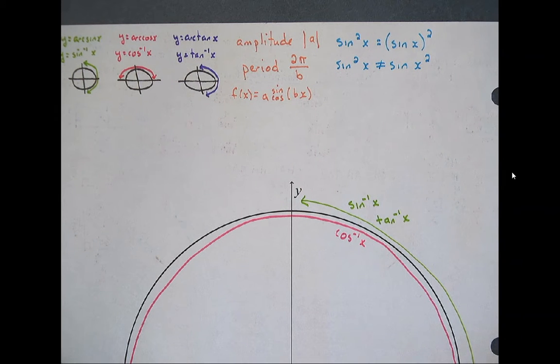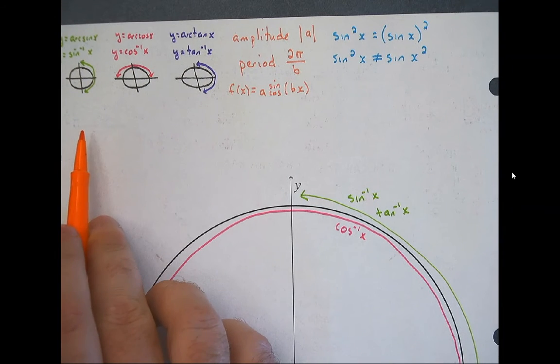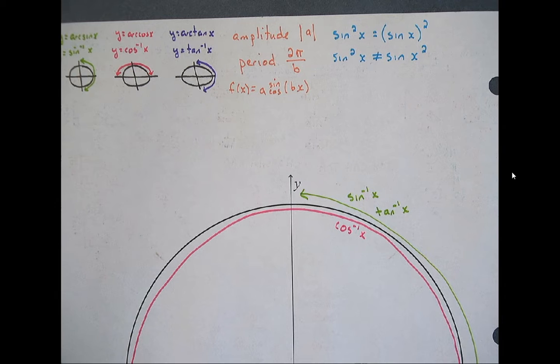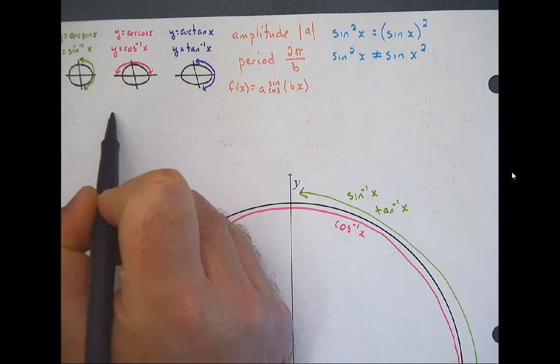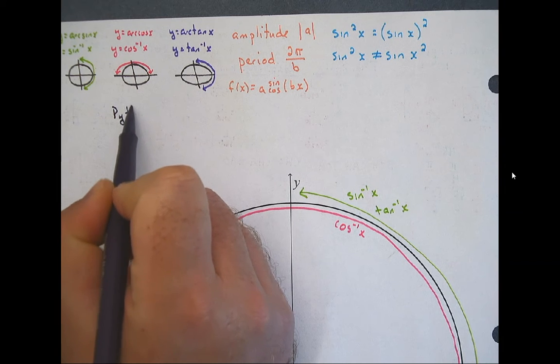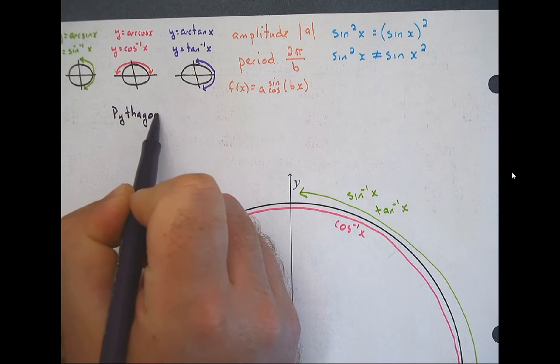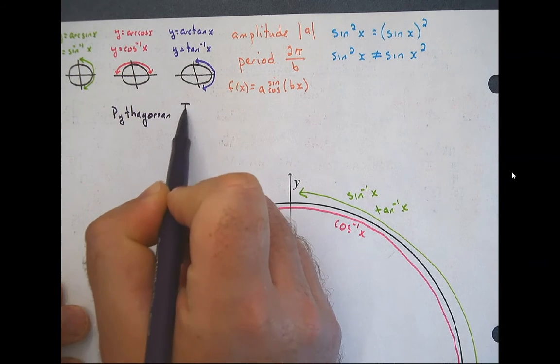And then we also have these things called the Pythagorean identities. There's 9 of them, so I'm trying to find a good spot to write. These are called the Pythagorean identities.